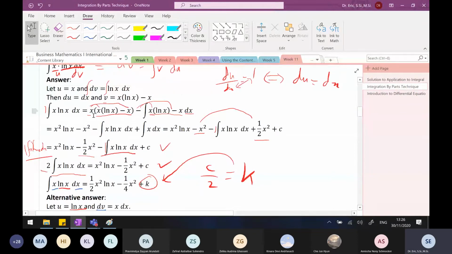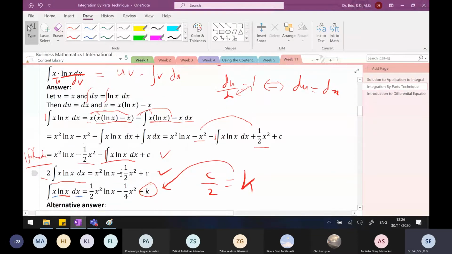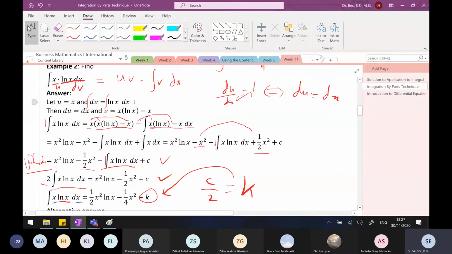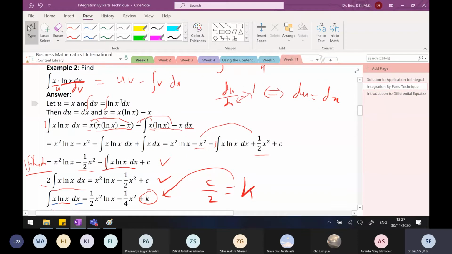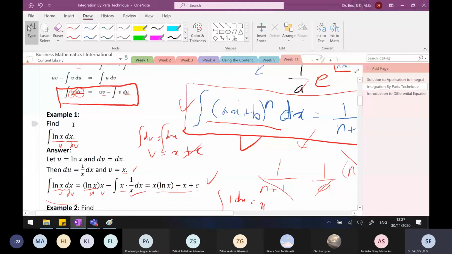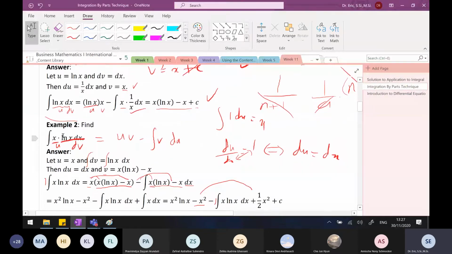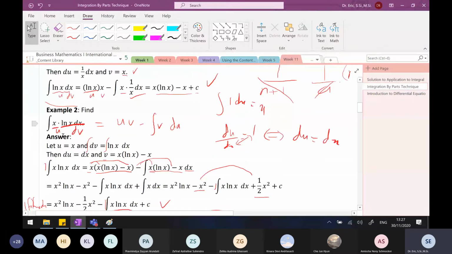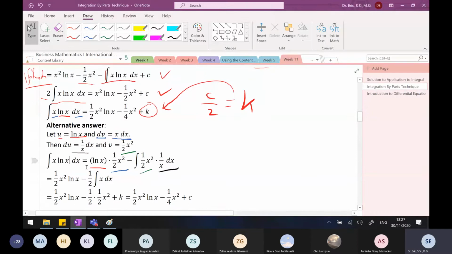Okay, this is a longer one, and it's very complicated. Why? Because you have to find what the integral of ln x dx is, as in Example 1. So it's a little complicated. If you choose wisely what u is and what dv is, you will have a shorter answer.